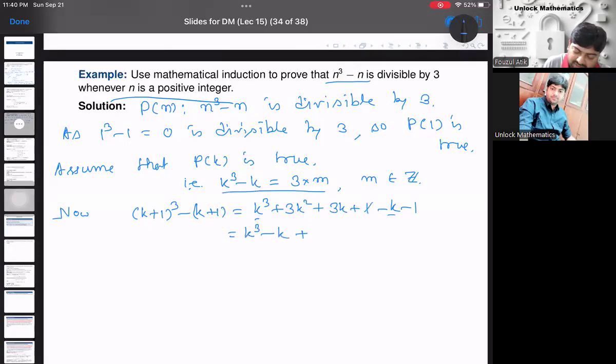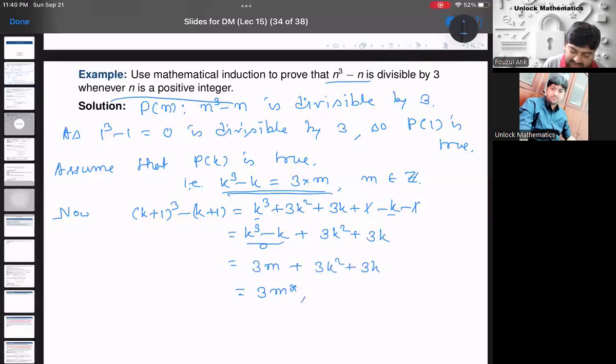So this 1 and minus 1 will cancel out, and I have taken k cube minus k on one side, and then the rest of the elements, 3k square plus 3k. But k cube minus k has the value 3 into m by P of k. So this expression, plus 3k square plus 3k, I can write as 3 into m star.